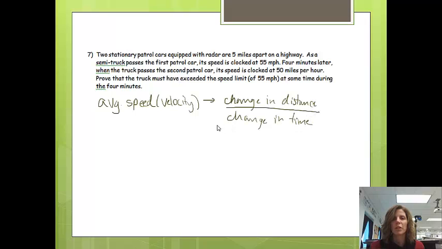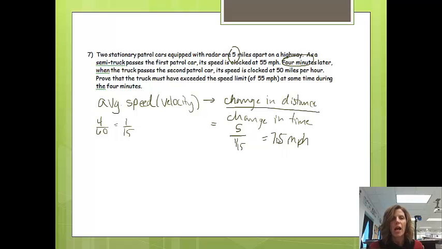So the semi-truck traveled 5 miles, and how long did it take? It took 4 minutes, and if we're dealing in miles per hour, 4 minutes out of 60 is actually 1/15 of an hour. So 5 divided by 1/15 is 75 miles per hour. So that was its average velocity.